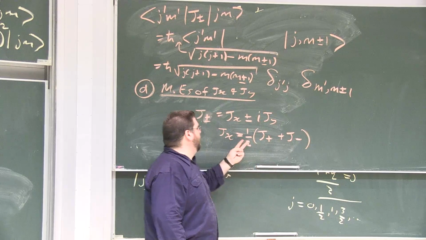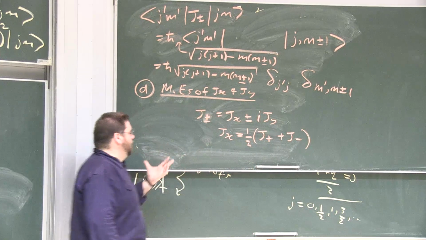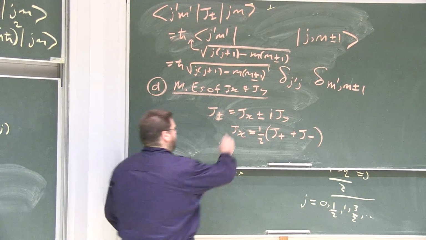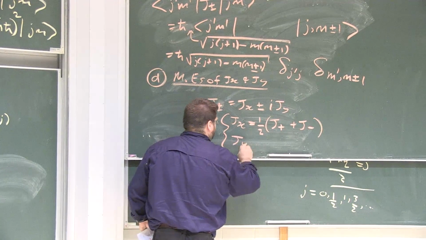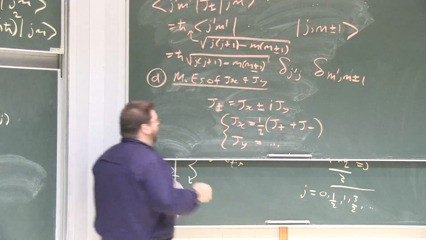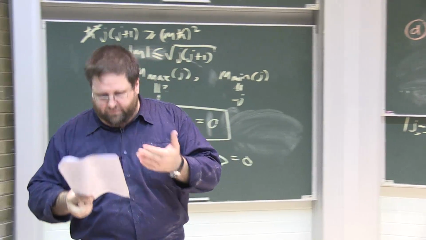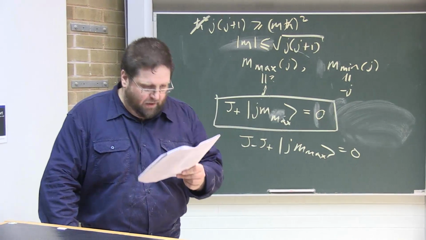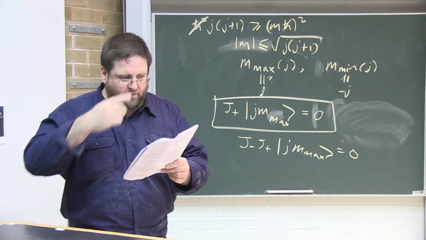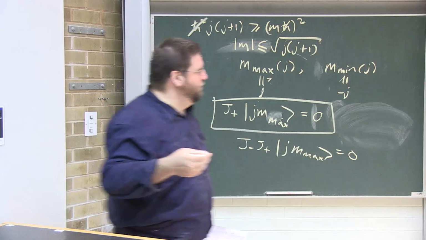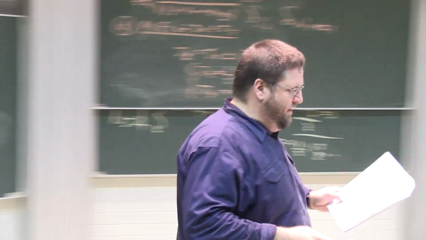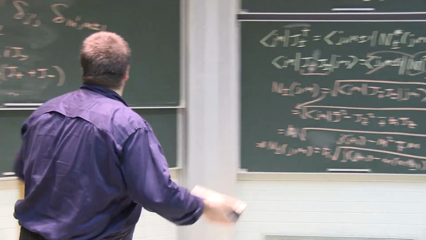Similarly for the matrix elements of jy. So in a sentence, the matrix elements of jx and jy are just a simple linear combination of the matrix elements of j plus and minus, and the explicit expressions are written in equations 250 and 251 respectively. I won't write them down here because I've written enough equations.